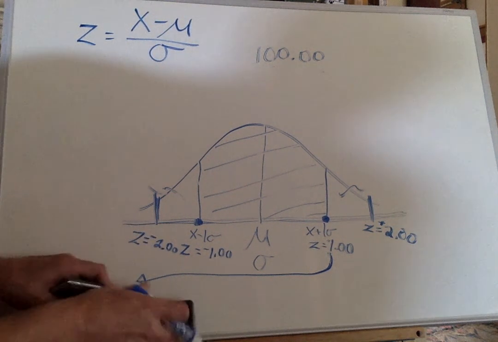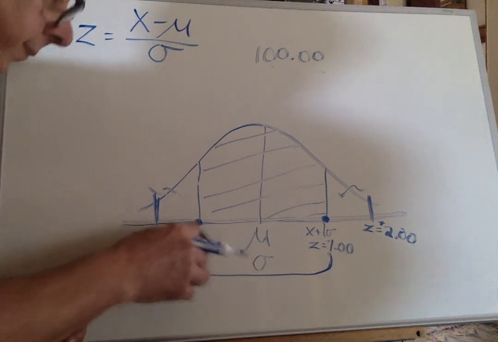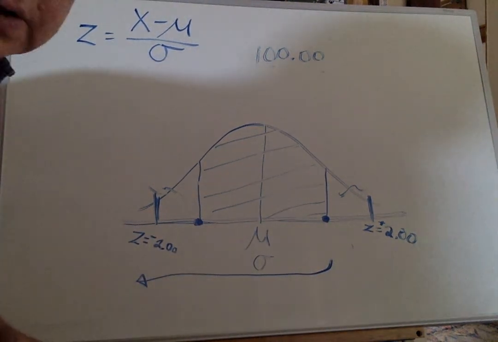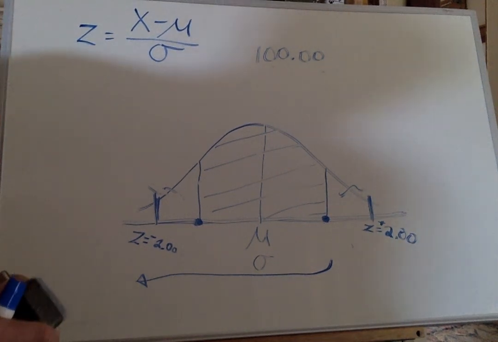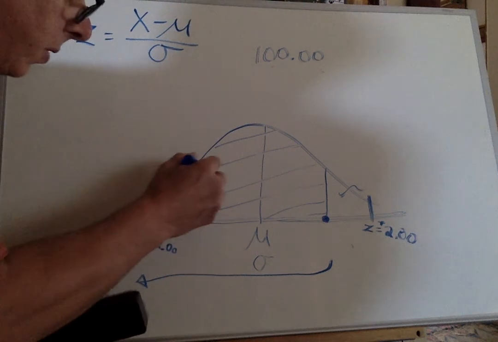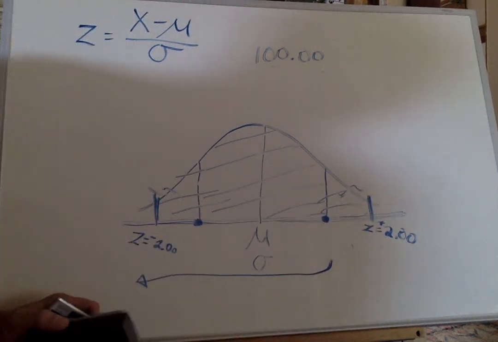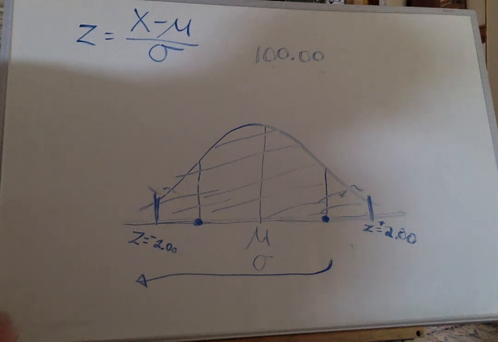Another way I can say that is, oh, sorry, folks. Okay. So now I can say what percentage of the population falls within 2 standard deviations of the mean.